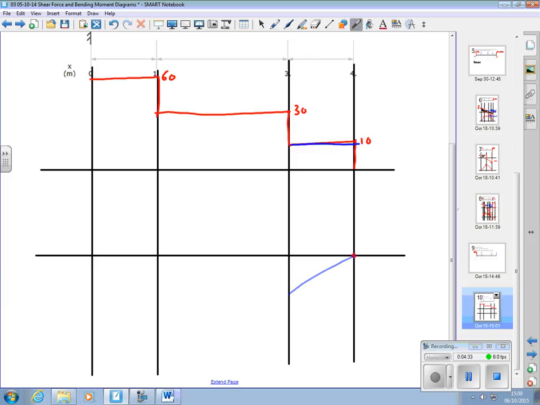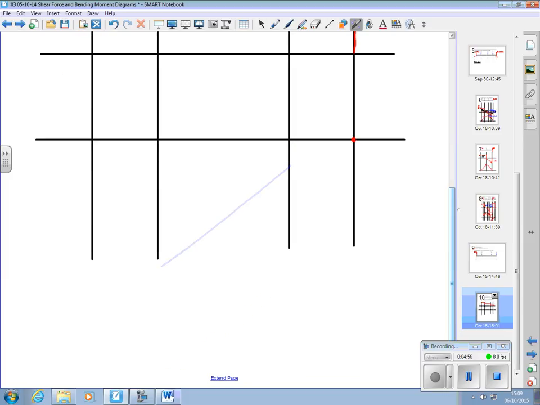So this gives us a positive gradient of 10, which takes us to this point. And then this area will take us to this point down here, wherever that is. That will be a steeper gradient than that, so I didn't draw that very well, so probably do something like this. And then the final point will take us to our maximum point of bending moment, and that will give us our concentrated moment at that point.